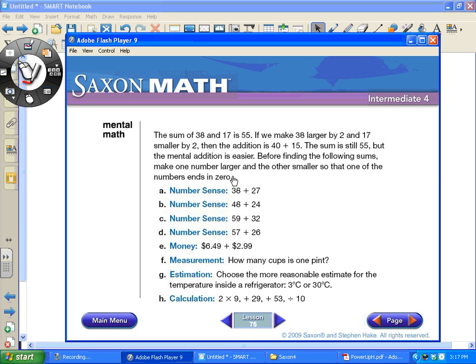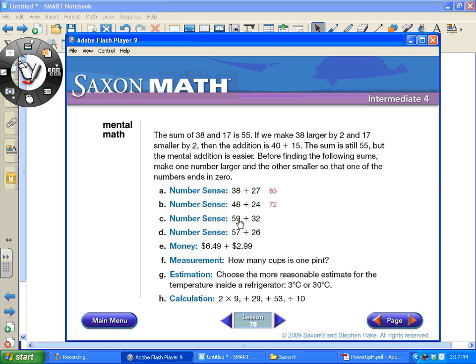So before finding the following sums, make one number larger and the other smaller so that one of the numbers ends in 0. Okay. For this one, I'm going to bump this up to 40, and that's bumping it up by 2, isn't it? What if I make this one go down by 2? This one would be 40, and this one would be 25. And now it's easy to add. 65. Let's make this one go up 2 to 50, down 2 to 22. So 50 plus 22, 72.